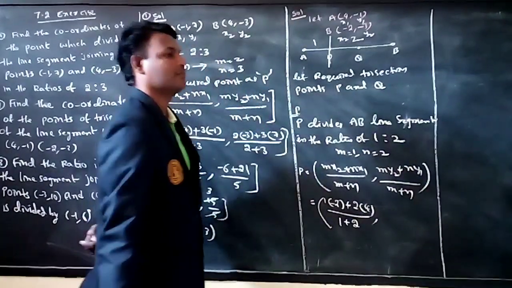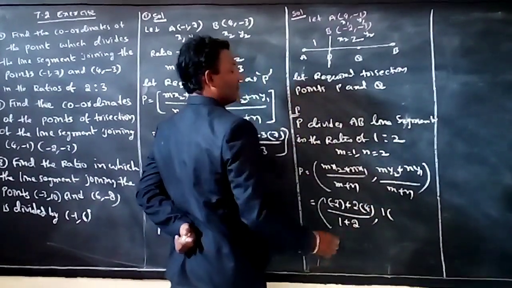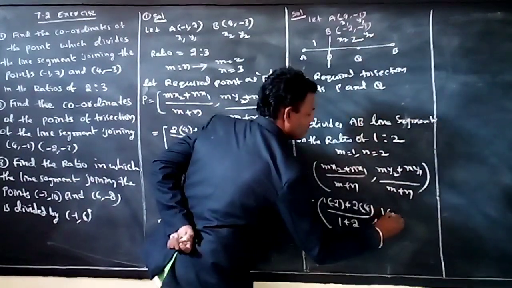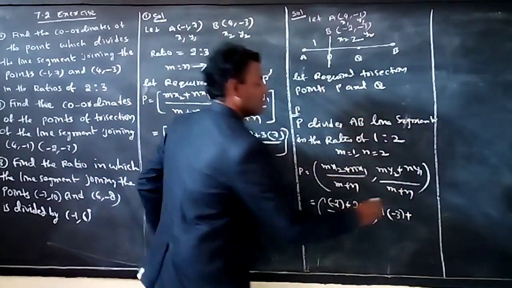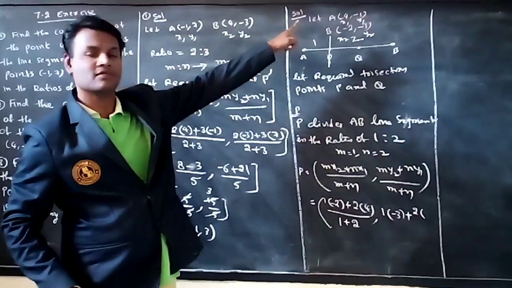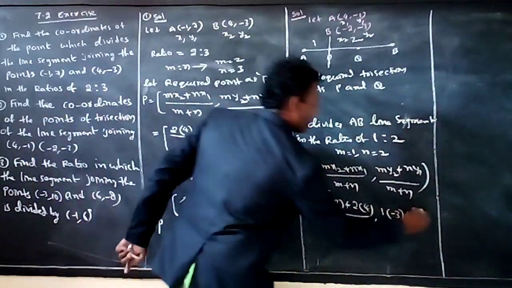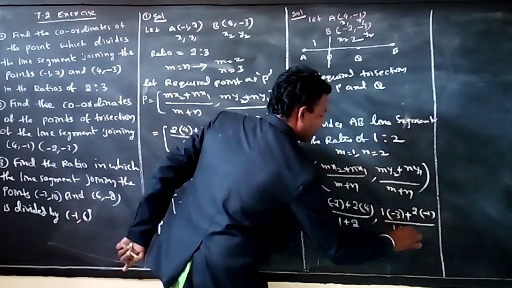Similarly, here also m means 1, y2 means minus 3, plus n means 2, into y1 means how much? Minus 1, by 1 plus 2.